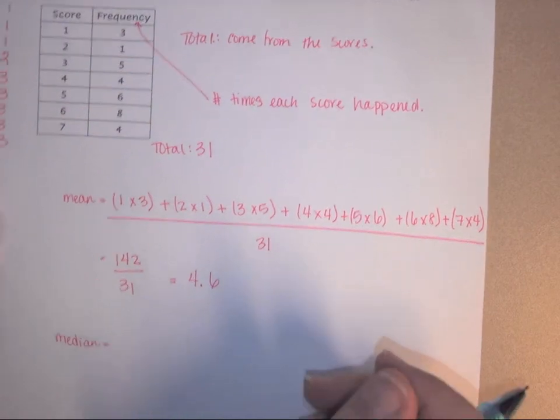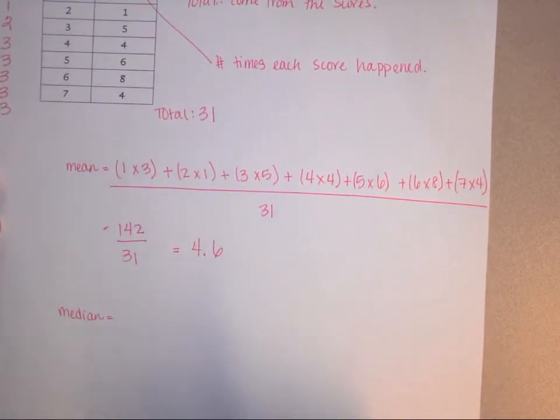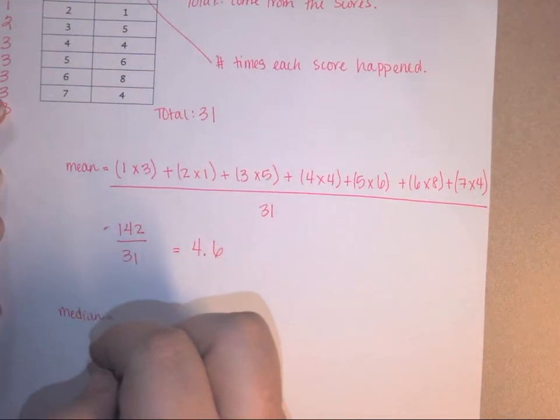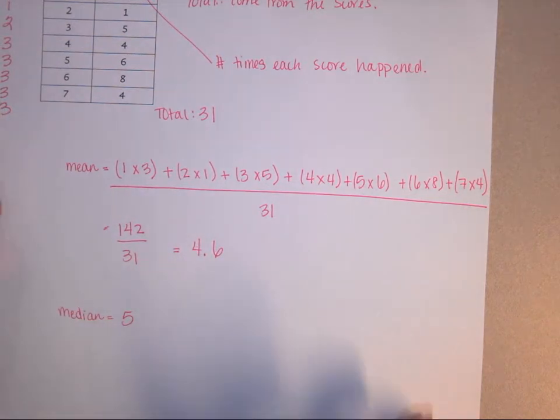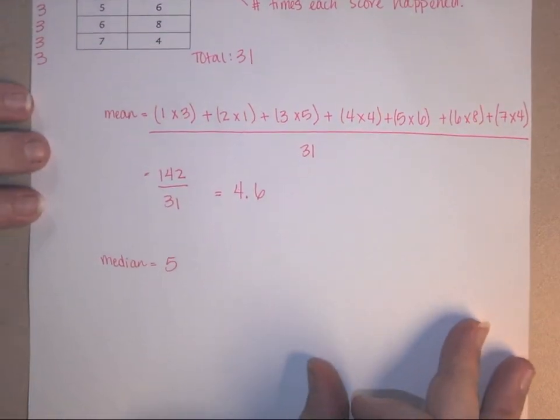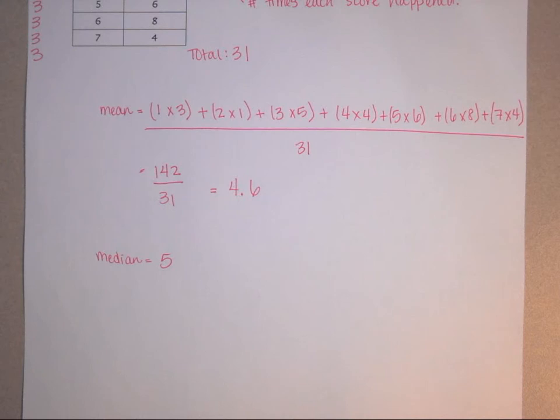And you would come in and find the median value, or the middle value. So in this case, your middle value should come out to be a 5. I highly recommend that you go through and order your data and double check to make sure you get the same median that I got.